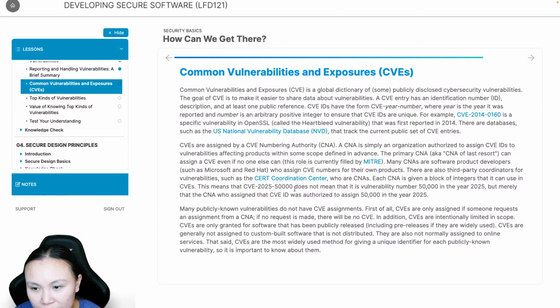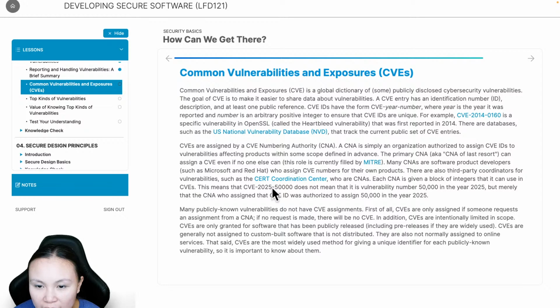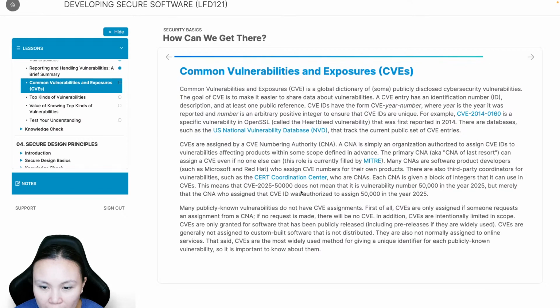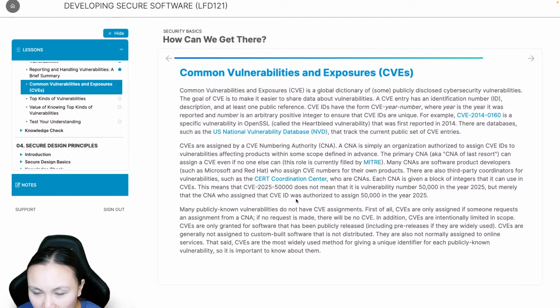It's just a number that someone was given to use. The Python Software Foundation is also now a CNA. So recently, yay!